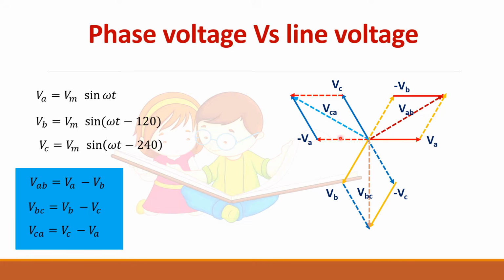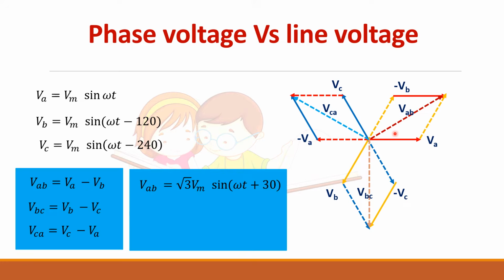Now this is VA, VAB is here. What is the angle between these two? That is 30 degrees. You can see the magnitude of VAB is higher.